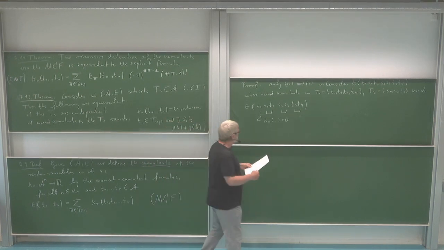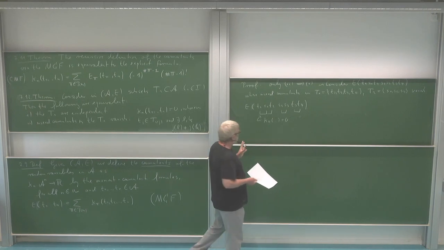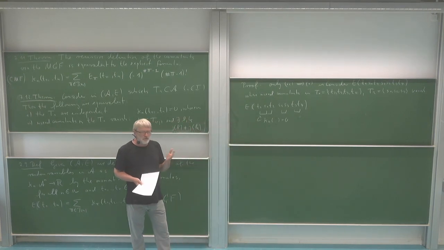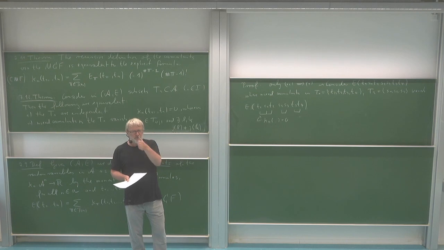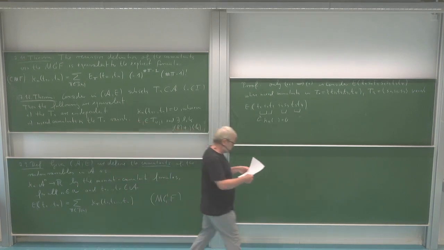So any partition which I have decomposes: it has some blocks which connect the s's, and some blocks which connect the t's. Essentially I have a partition of the s positions, and a partition of the t positions.